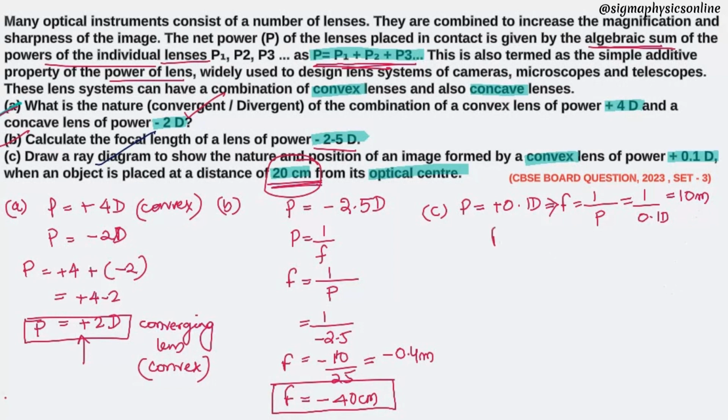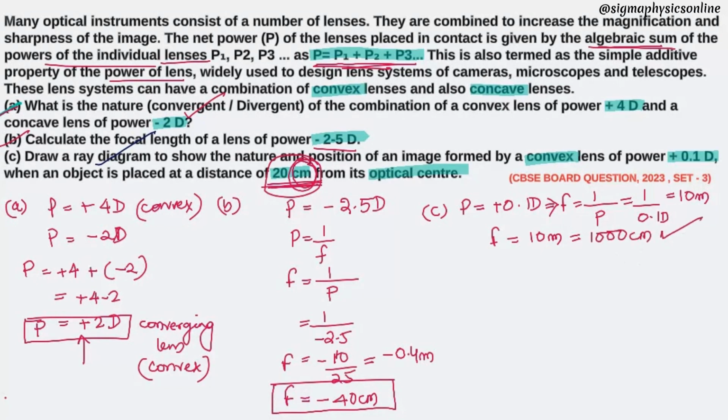Now the focal length we got is 10 meter. So the question here is probably wrong or wrongly printed, because the focal length is 10 meter, whereas the object is situated at a distance of 20 centimeter. So probably this 20 centimeter was supposed to be 20 meter. Anyways, if we continue, it will be 1000 centimeter, right?